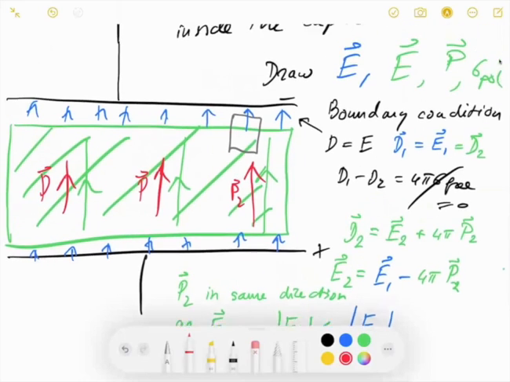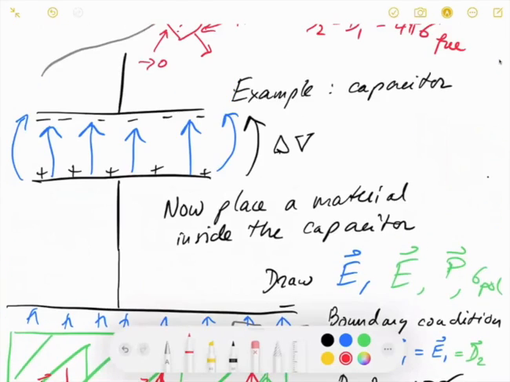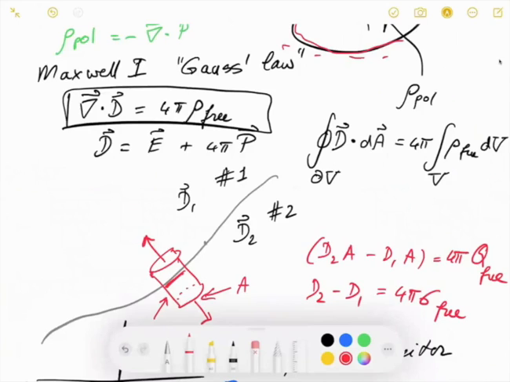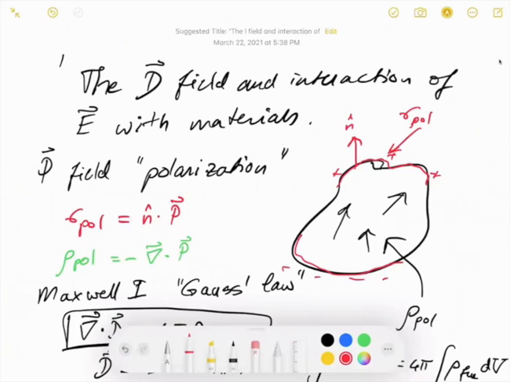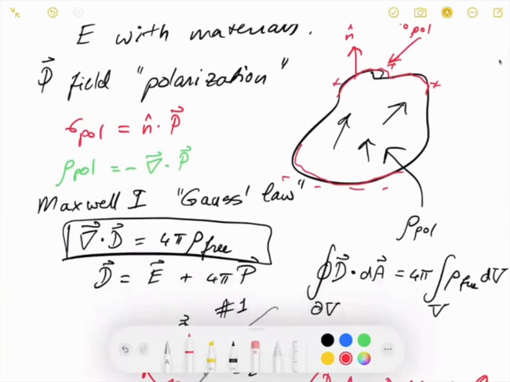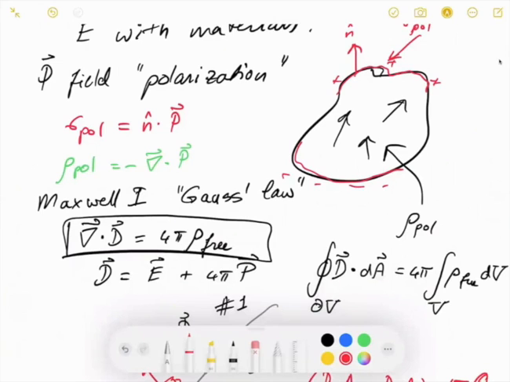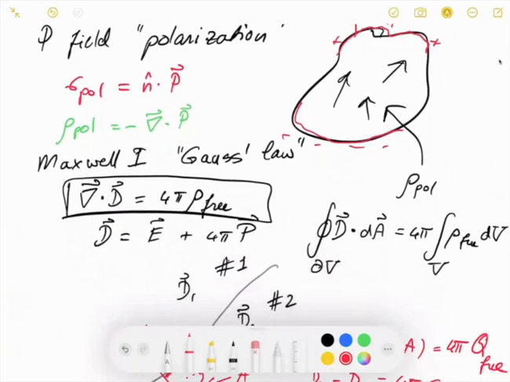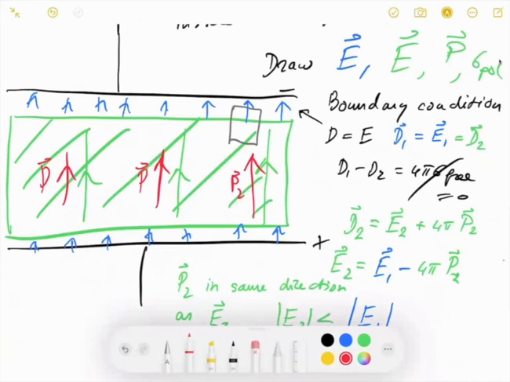And now finally, we need to say something about sigma polarization. Sigma polarization is the normal dotted with the polarizing field. So that means that sigma polarization is positive here, and it's negative here, because the normal points in this direction.